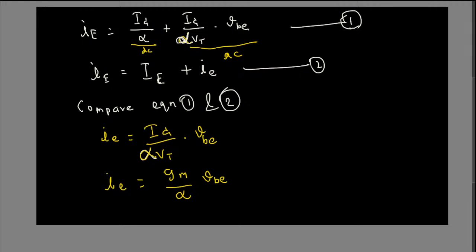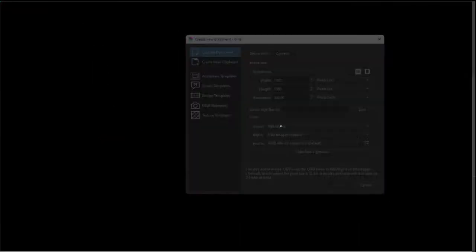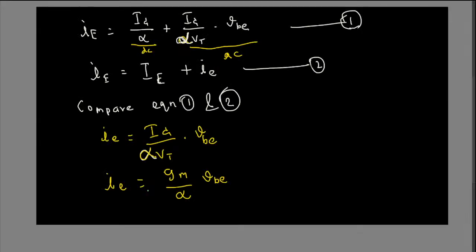So now we have looked at the current. Next we want to look at the resistance. From this equation you can straight away see we have the emitter current related to voltage, transconductance and so on. Ohm's law says V is equal to I times R, therefore R is equal to V over I. If you rewrite this in terms of V over I, then alpha over gm is the V over I. So VBE over ie is equal to alpha over gm.